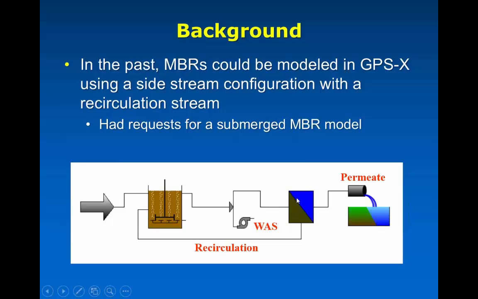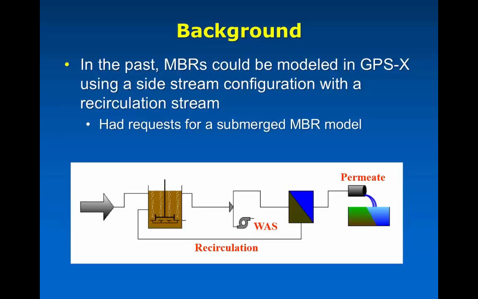This is the generic dewatering unit that we have in GPSX. Of course, you're looking at the older versions of the icons from the software, the flat ones here. We would then have to put in a recycle to take the solids that were being held in by the membrane and put those back in the tank, and then you would waste some out along the way as well. And so that became the conventional way to do it.